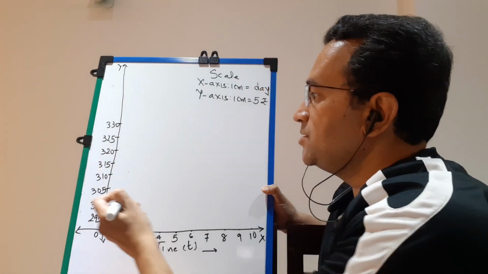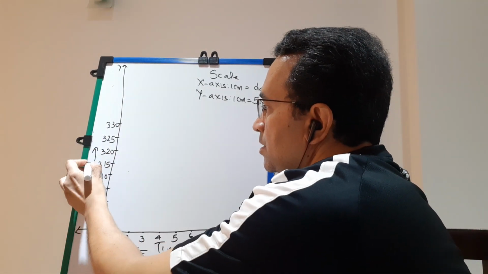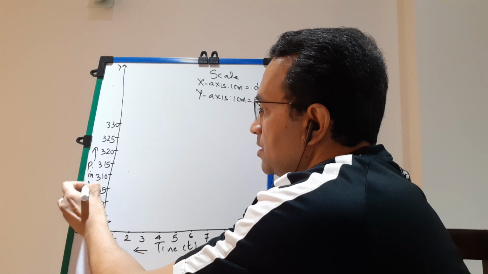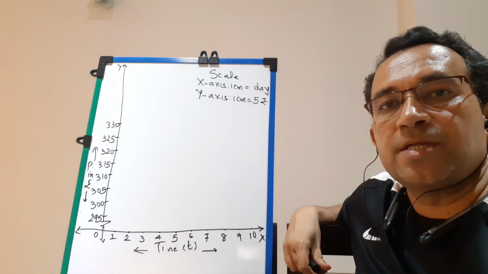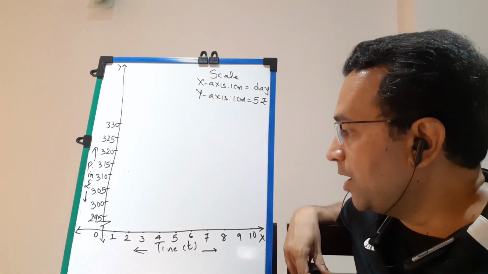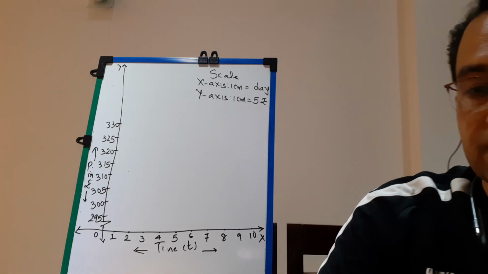Here we have price in rupees. Price in rupees. P stands for price. Now students, let us plot this.